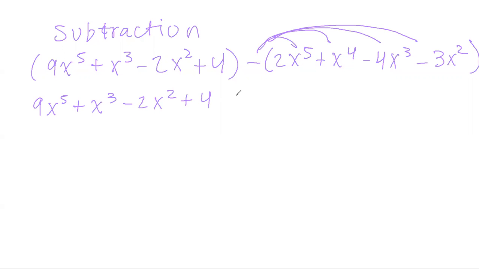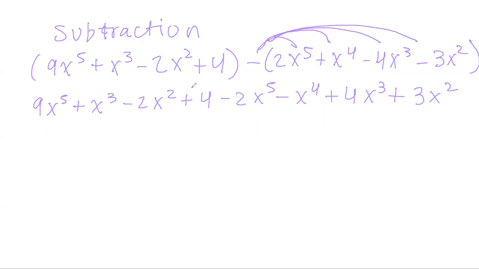So this becomes a minus 2x to the 5th minus x to the 4th plus 4x cubed, and then plus 3x squared. So this makes it a lot easier for us to combine and not have to worry about using the wrong sign, because we made sure when we distributed that we are doing this correctly.